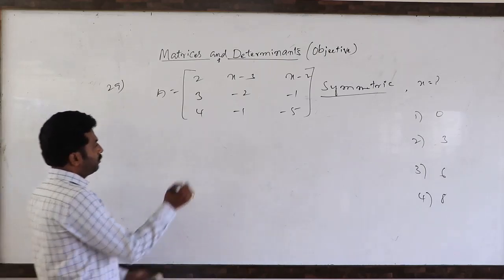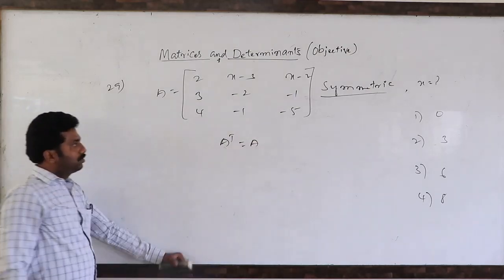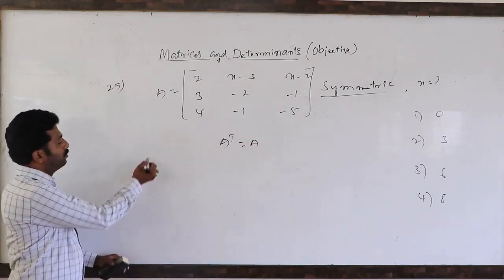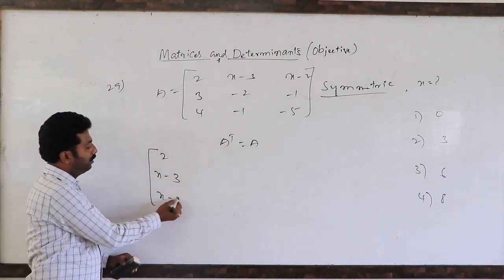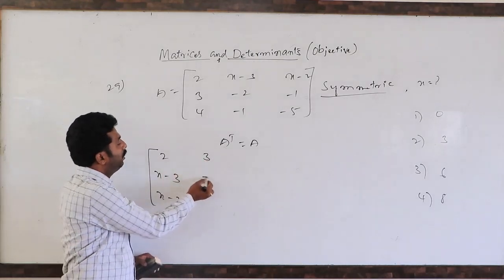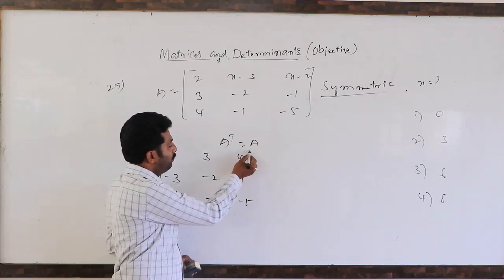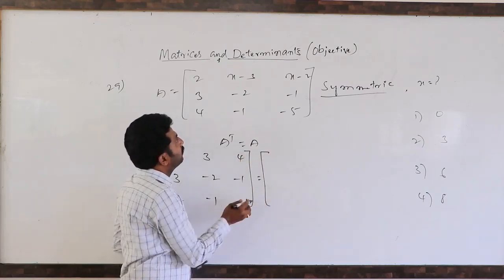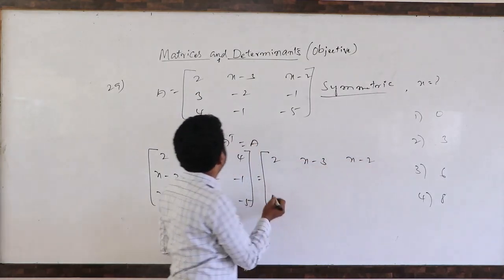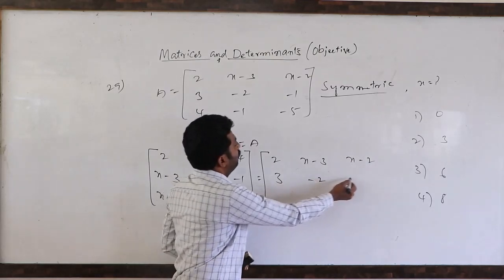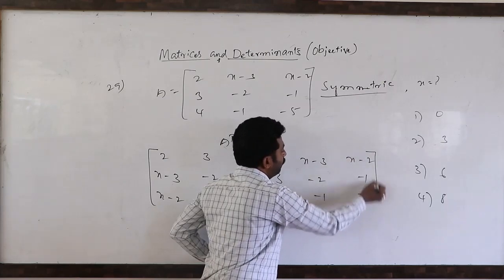So symmetric matrix means A transpose equal to A. So what is A transpose? I am just writing 2, x minus 3, x minus 2, 3, minus 2, minus 1, 4, minus 1, minus 5 equal to the A matrix.